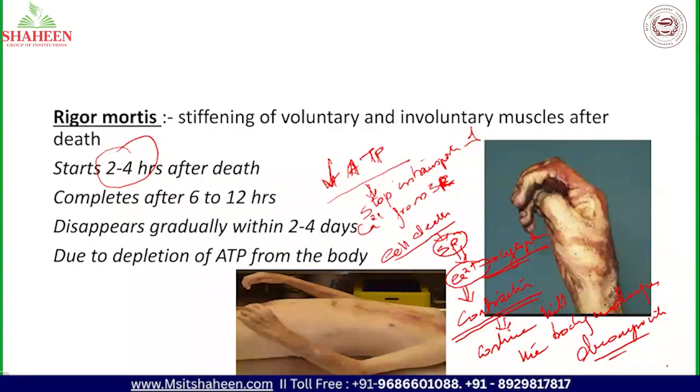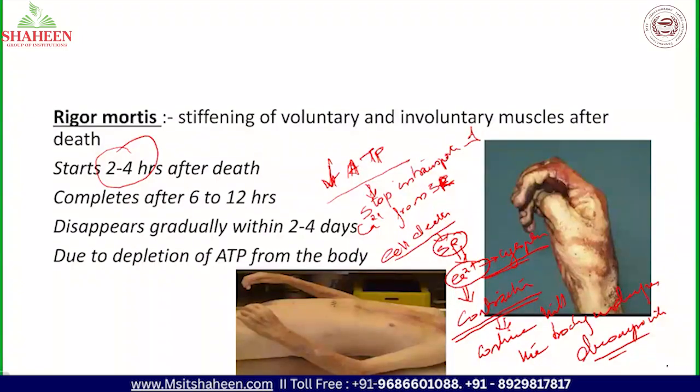So the transportation of calcium from the sarcoplasmic reticulum stops. But due to death, the cell dies and the sarcoplasmic reticulum bursts, so a large amount of calcium is released into the cytoplasm. This extra calcium binds to the actin myosin, so the muscle undergoes contraction.